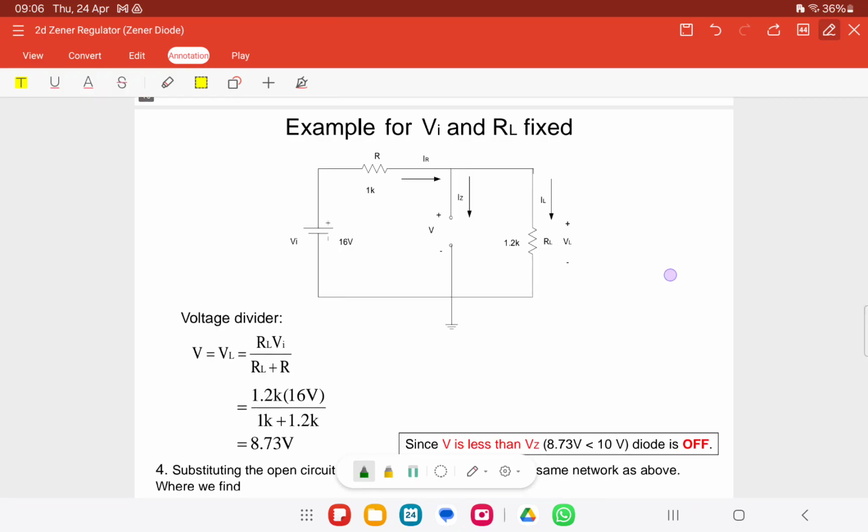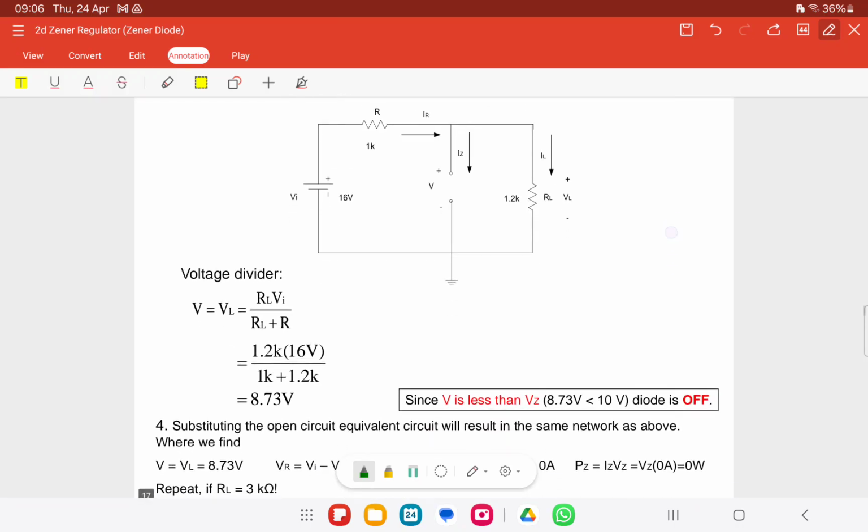Let's change the values. We change the 16 to 20, and 1K to 2K.